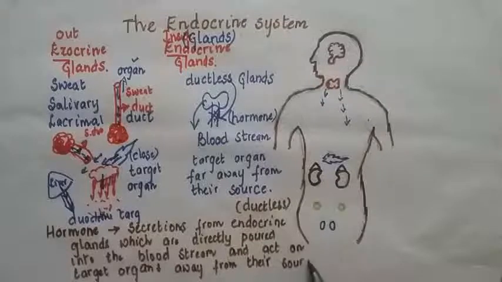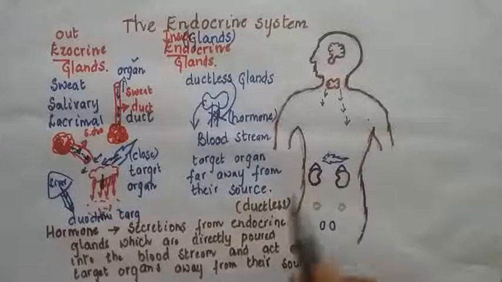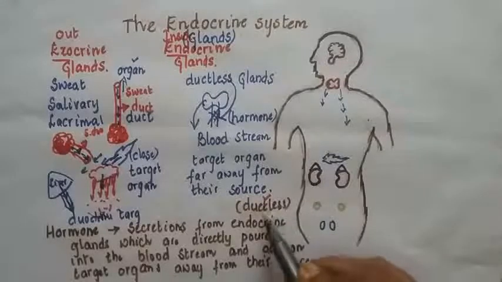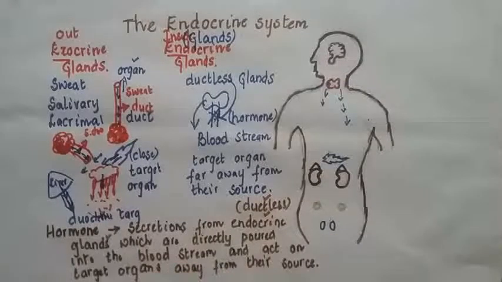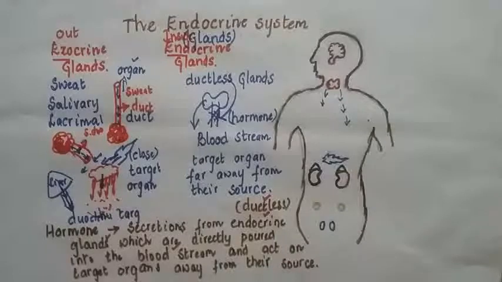Children, so how do we define the word hormone? Hormones are nothing but the secretions from ductless or endocrine glands which are directly poured into the bloodstream, and act on the target organs which are away from their source.